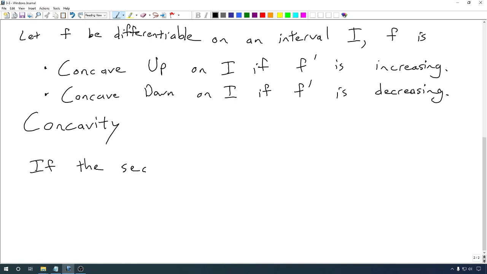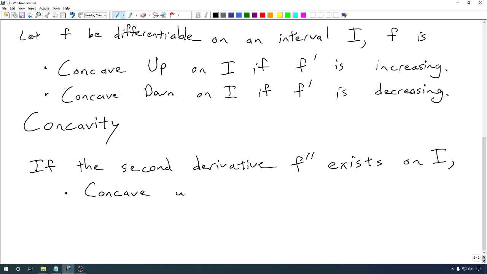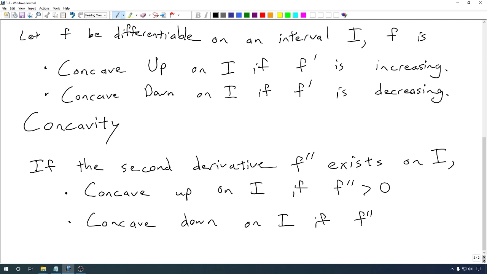if the second derivative f double prime exists on the interval, then f is concave up, well, I should still say on I, if the second derivative is positive on I. And concave down on I if the second derivative is negative.